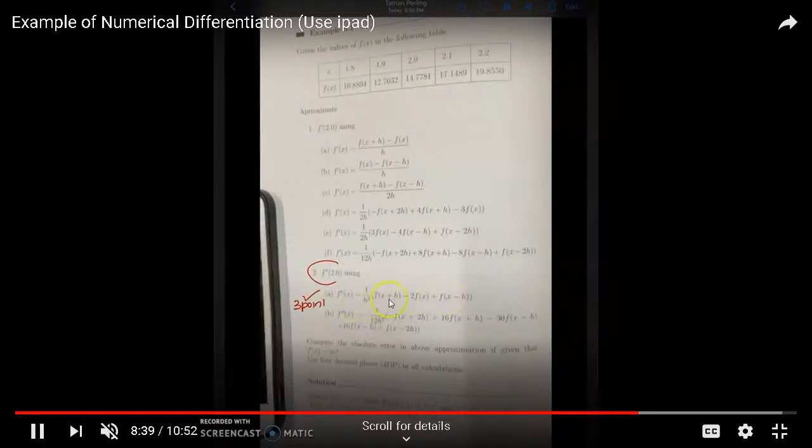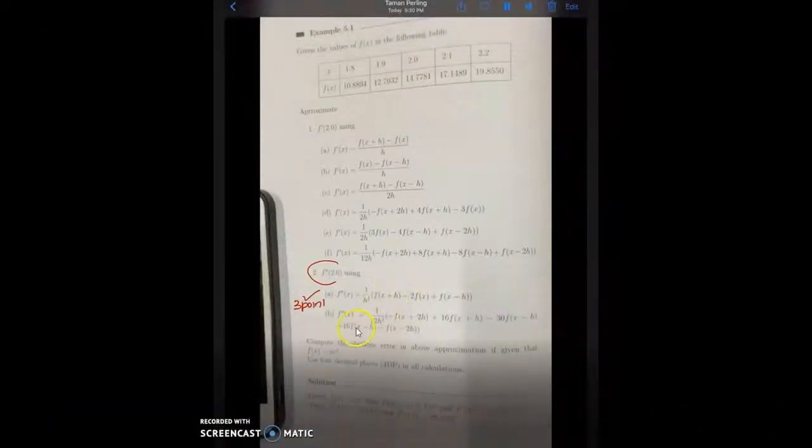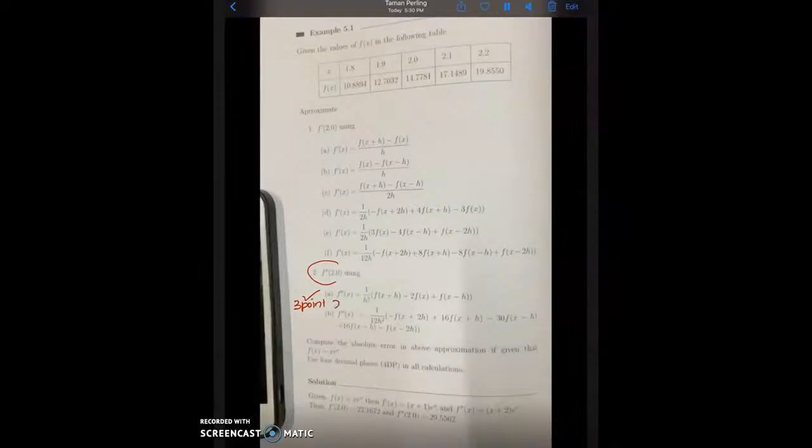Go to page 122. I'm using the 3-point center difference for the second order derivative, and how many points is this one? 1, 2, 3, 4, 5. The 5-point derivative for the second order derivative. Where is i? i is 2.0.